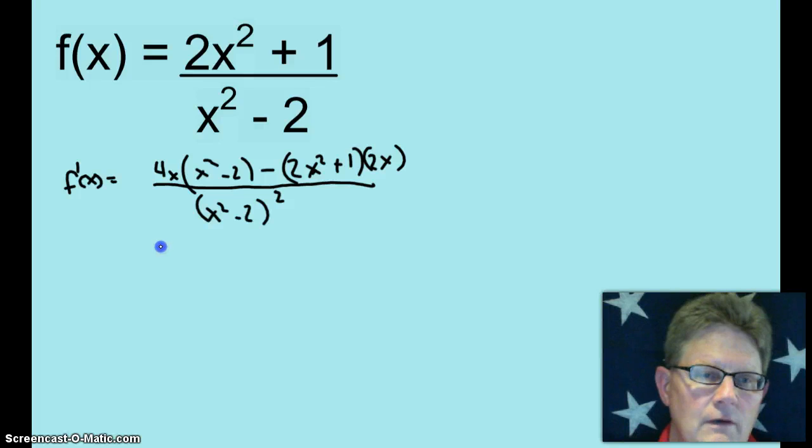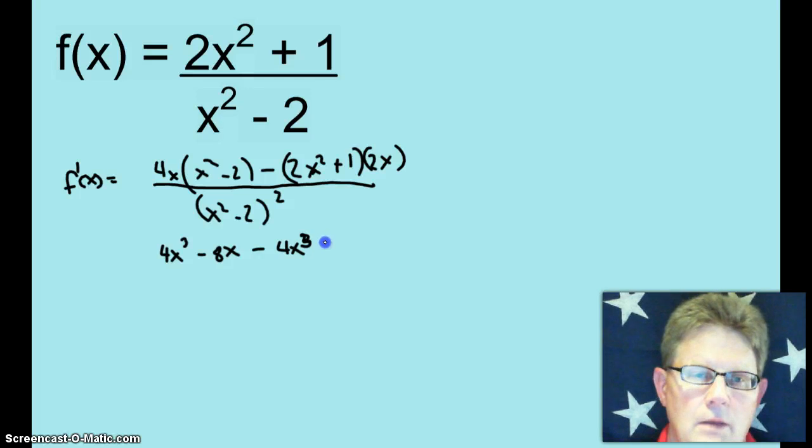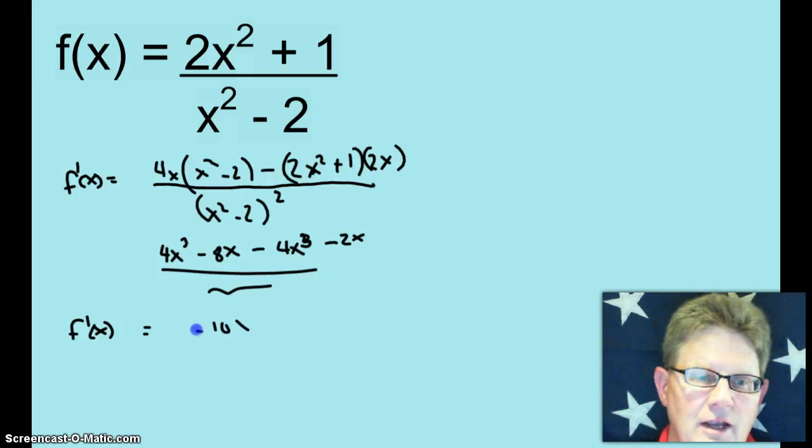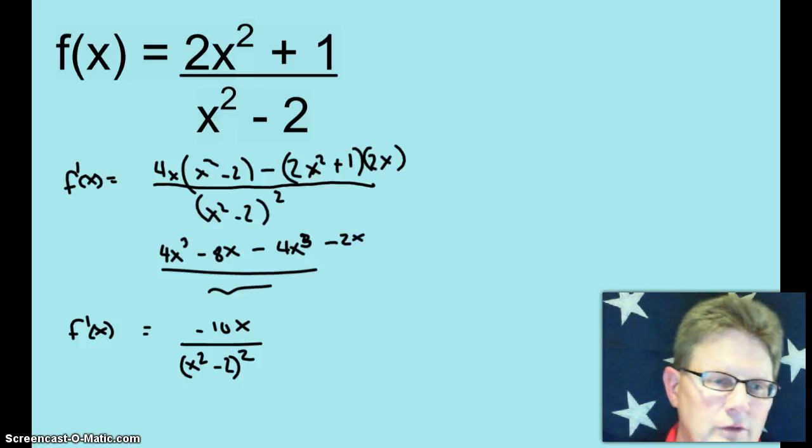That would be 4x cubed minus 8x minus 4x cubed minus 2x, all over. So f prime of x equals negative 10x over x squared minus 2 quantity squared. All right, so let's find those critical values.